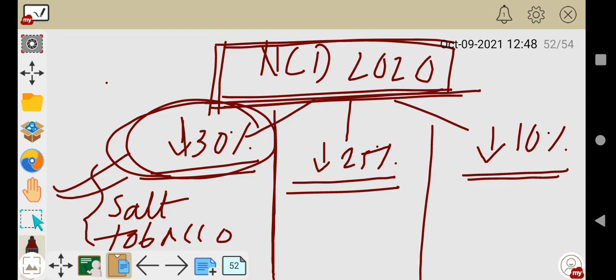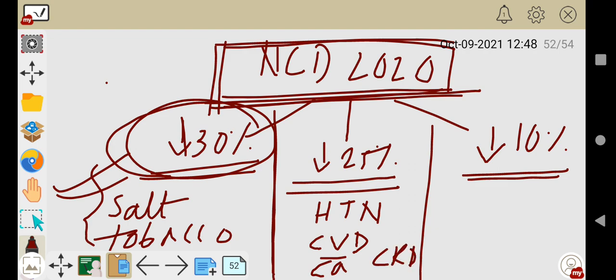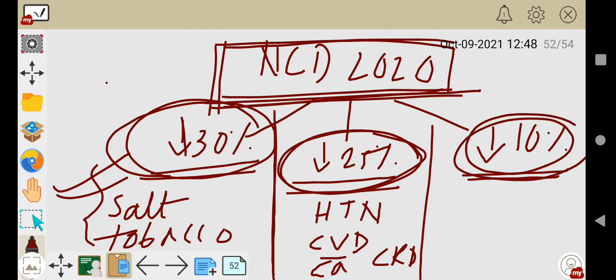And they want to decrease hypertension, cardiovascular disease, carcinoma, and chronic renal disease. All this they want to decrease by 25%. What do they want to decrease by 10%? Alcohol, only 10%.